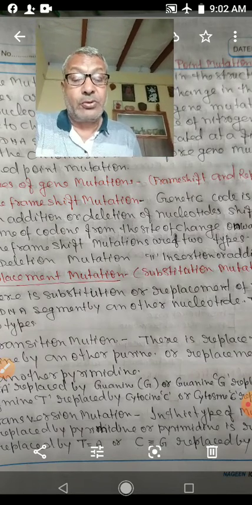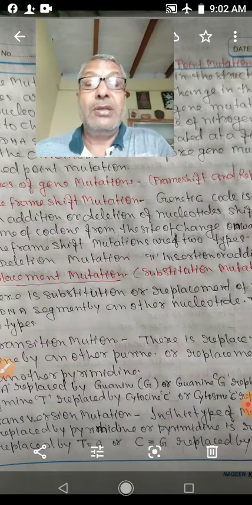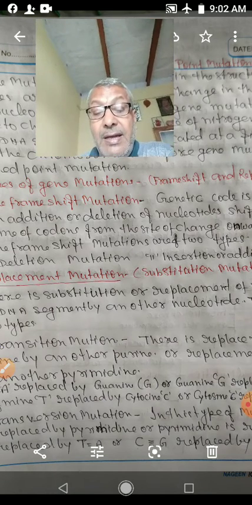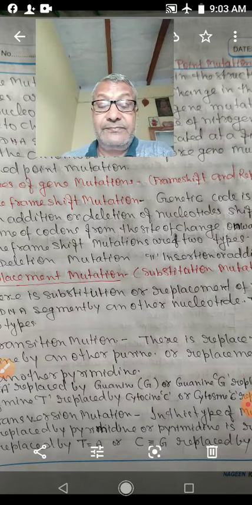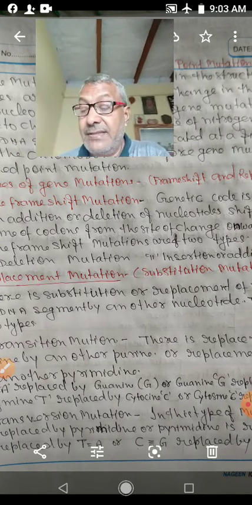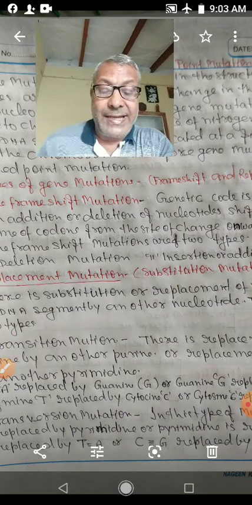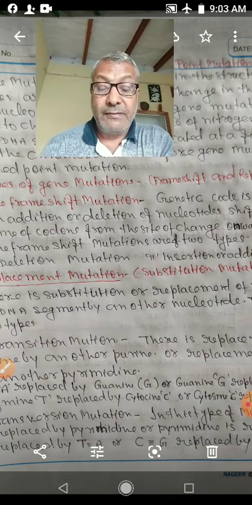The frame shift mutation is of two types. One is deletion, other is insertion. In the deletion, one nucleotide is removed from a gene.